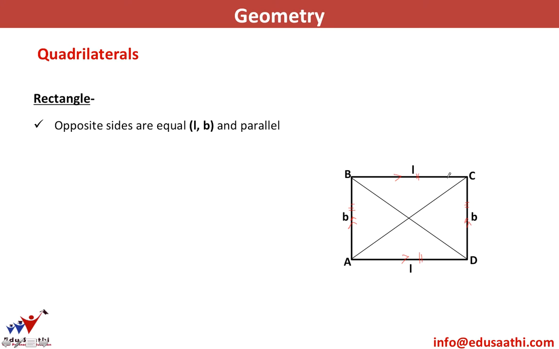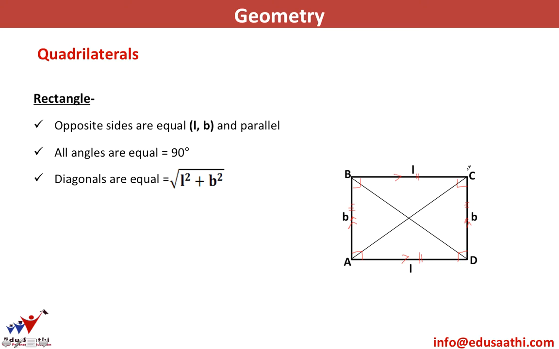In a square, all 4 sides are equal, but in a rectangle, only opposite sides are equal. All the interior angles of a rectangle are equal to 90 degrees, similar to the square.